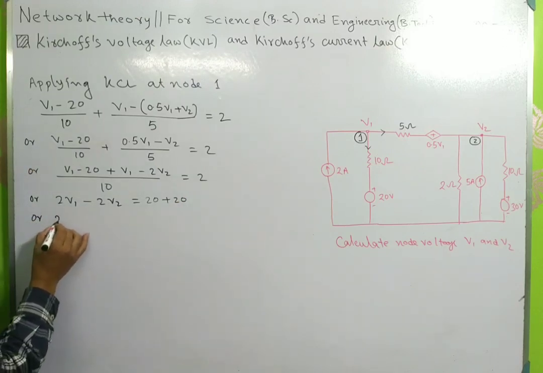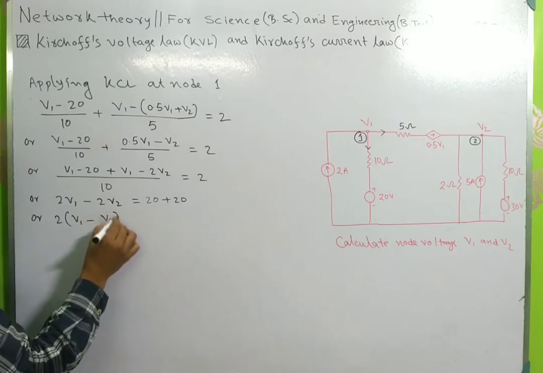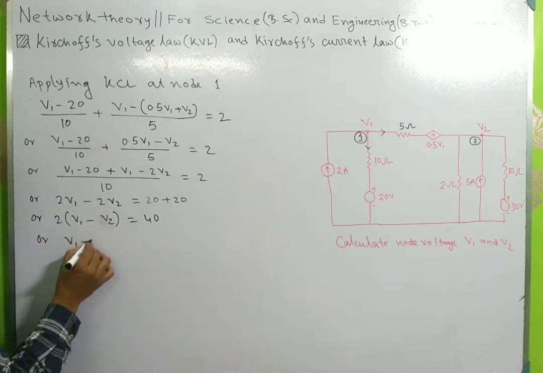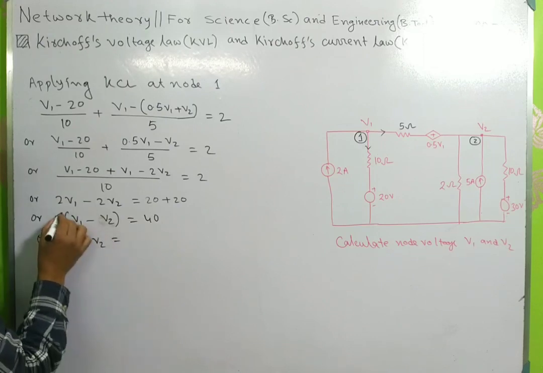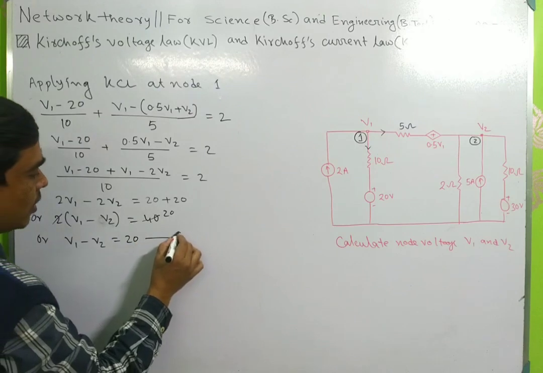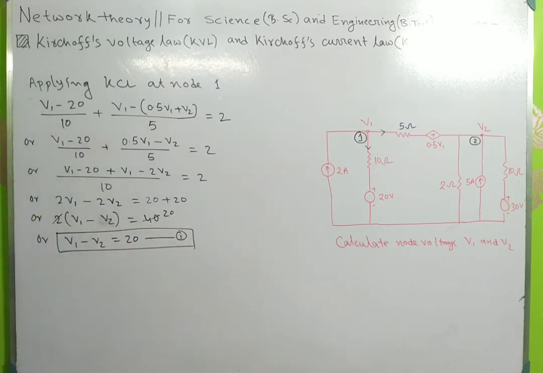So 2 V1 minus V2 equals 40, or V1 minus V2 equals 20. So this is equation number 1 from node 1.